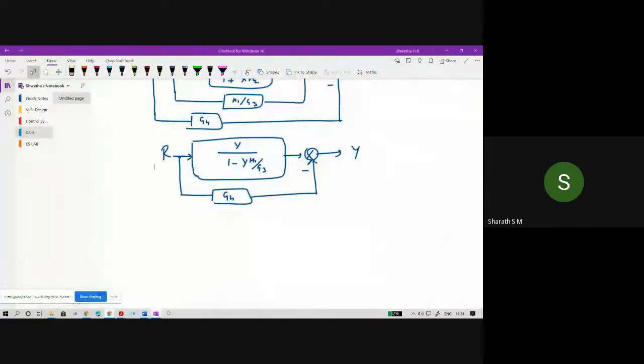So is it a forward path or feedback path? G4. Forward path. So this is a forward path with a negative symbol. So I'm going to choose this as Z. So Z minus G4, that is the final transfer function. Do the equation, substitute the equation for x, y as well as for z. Then simplify that. At the last, write down the simplified equation.